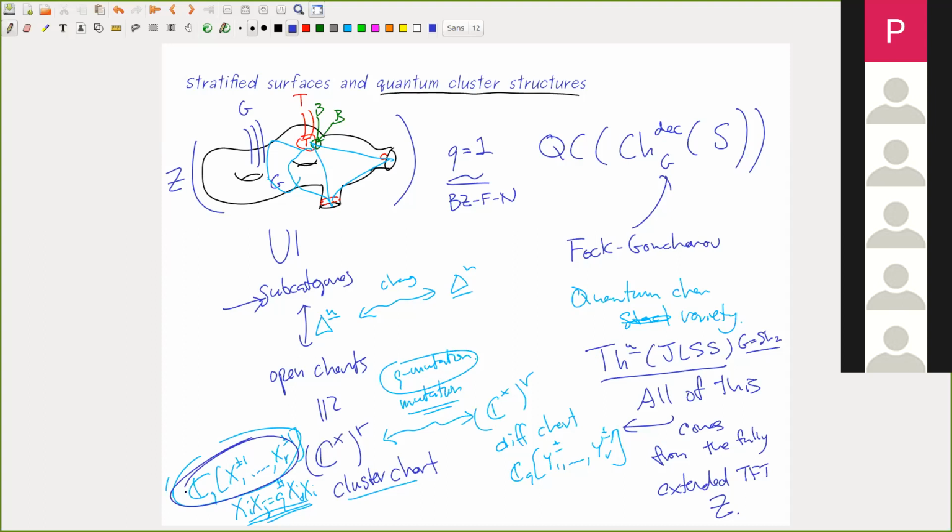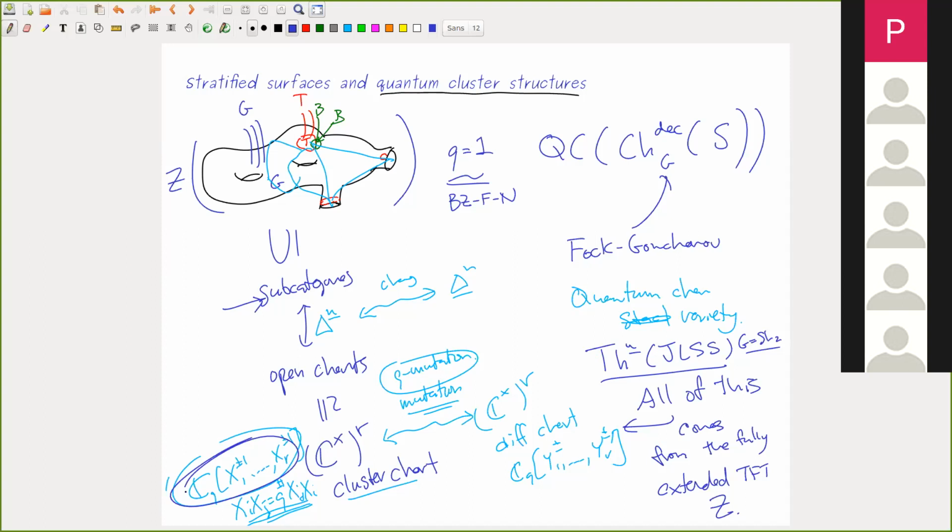I'll choose a different triangulation, and lo and behold, I get a different quantum torus. But this was coming from a TFT, so those two choices can't have mattered. So there must be some way to transition between these two choices. And I go and ask, what is the mutation that must exist? And it's exactly the one that they write down.